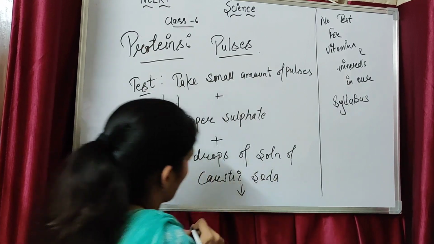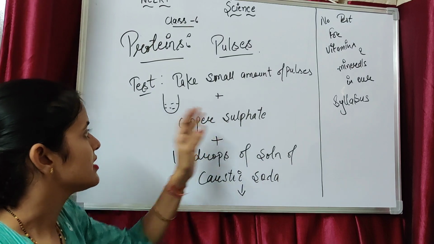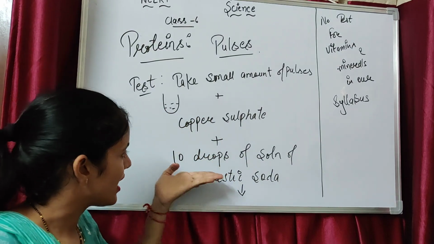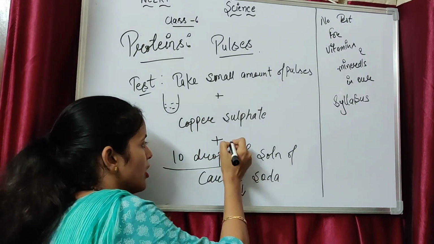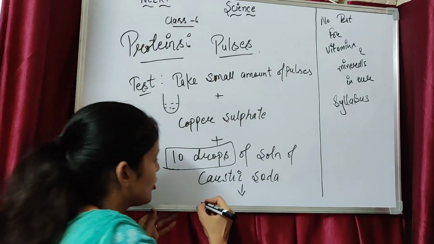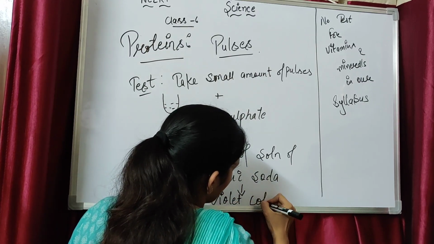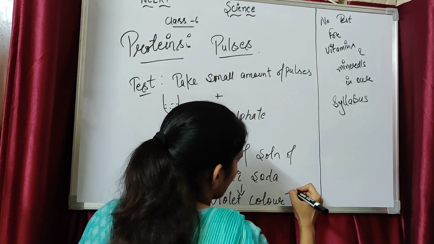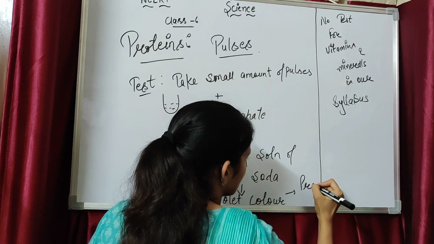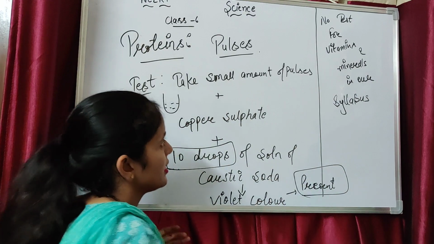What is the result now? Firstly, we have to take some pulses in a test tube, then add some copper sulfate solution, and then add only 10 drops of caustic soda, and the solution will turn violet. This indicates that protein is present in pulses.